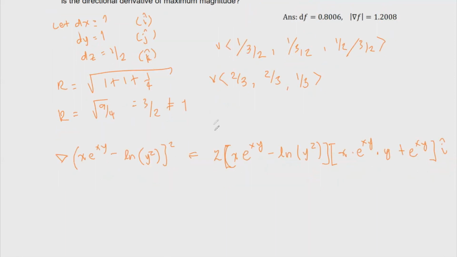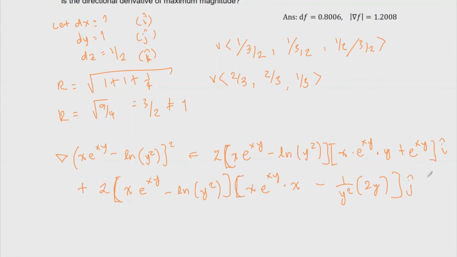And then we add 2 times x raised to e raised to xy minus ln of y squared, and by doing this, we also have to multiply this with the derivative. So x is a constant, and then e raised to xy, and then times x, and then this one should be differentiated, so that's 1 minus y squared, minus 1 over y squared times 2y. Okay, and I think we're done with j.